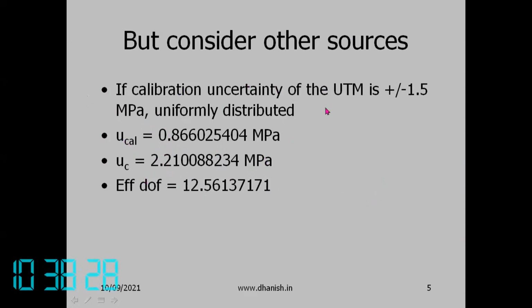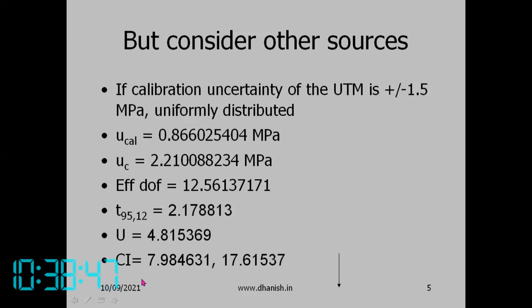Since this calibration uncertainty has infinite degrees of freedom, we can determine the effective degrees of freedom. Therefore, T95 with, rounding down, 12 degrees of freedom, the T factor is 2.17. So the expanded uncertainty is 4.815. So the coverage interval is 7.98 to 17.61.